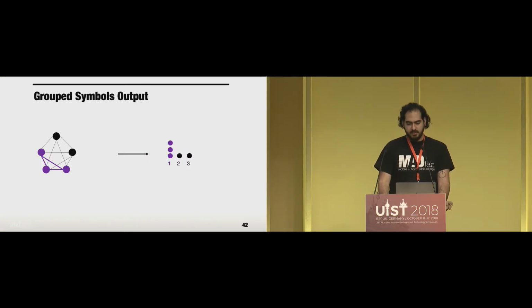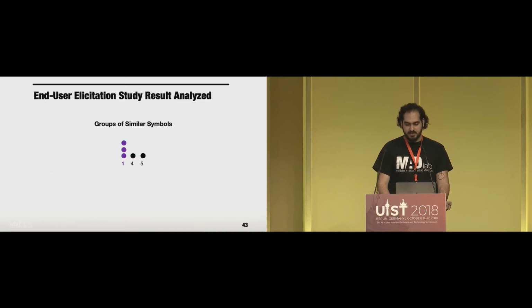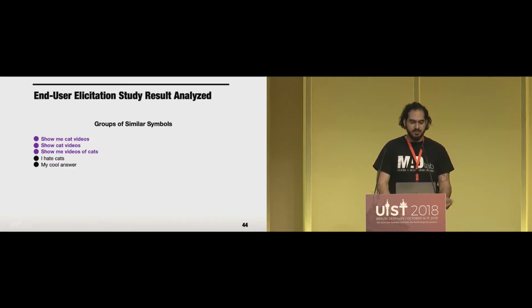So back to our example, we got a group of similar symbols. In other words, we got an analyzed result for an end user elicitation study. So we see that "show me cat videos" is the right voice command to get results of cat videos online.